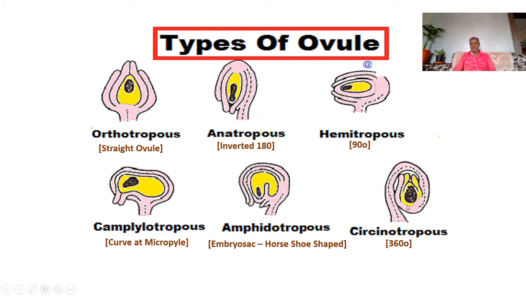Here the funiculus is very long and acts as a third integument. It completely encircles the body of the ovule. The funicle encircles this body as if it were a third integument. So the curvature is 360 degrees.